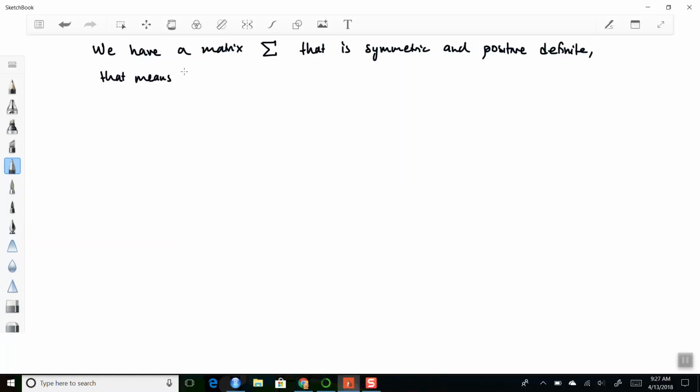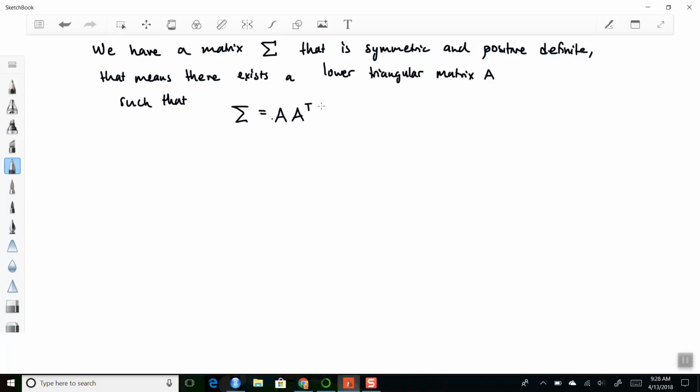Positive definite means the eigenvalues are all positive, but that means there exists a lower triangular matrix A such that sigma equals A A transpose.